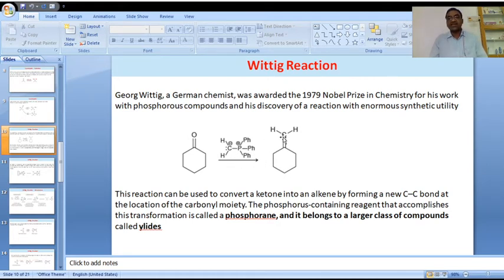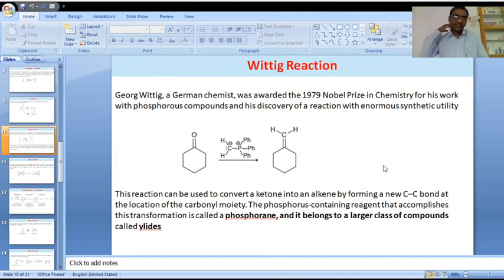It converted into an alkene. The carbonyl moiety is changed into a normal alkene, and in this formation of alkene a new carbon-carbon bond is generated.